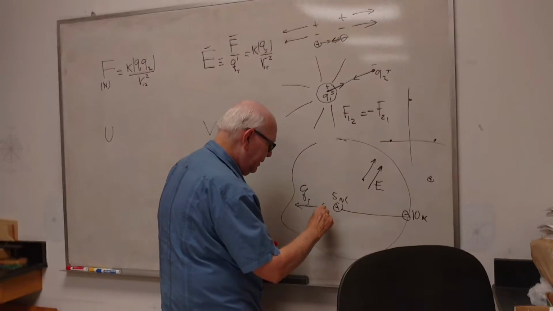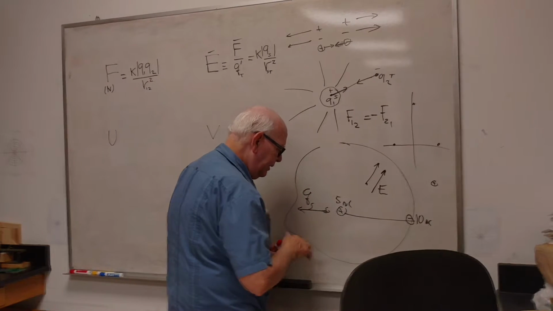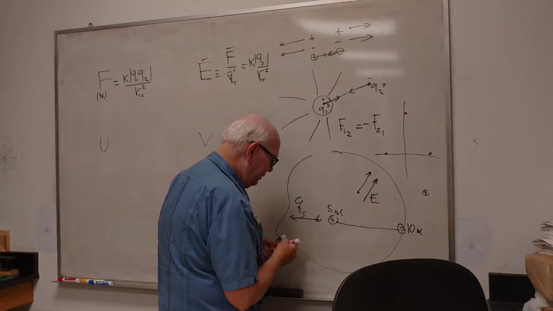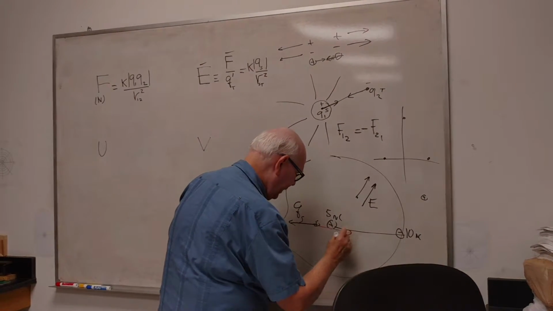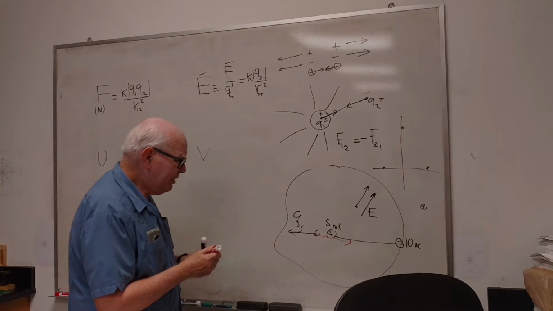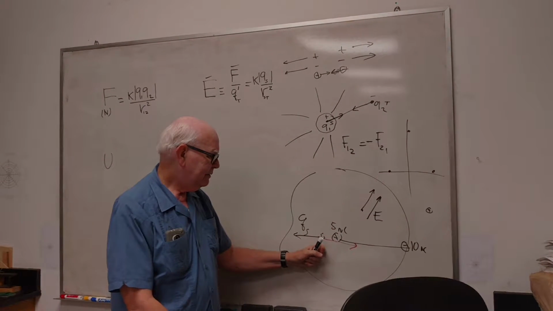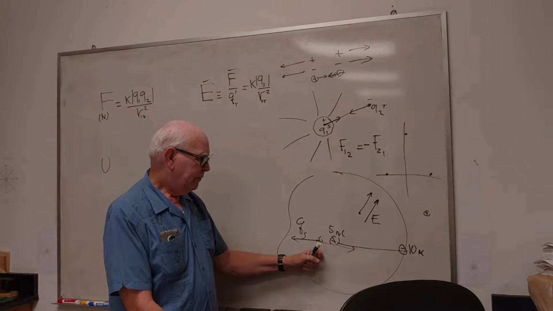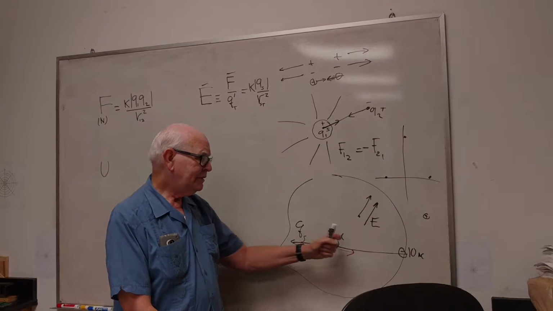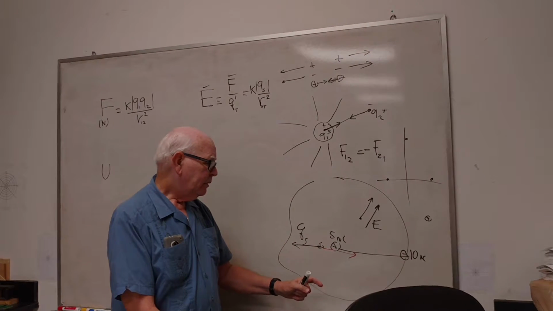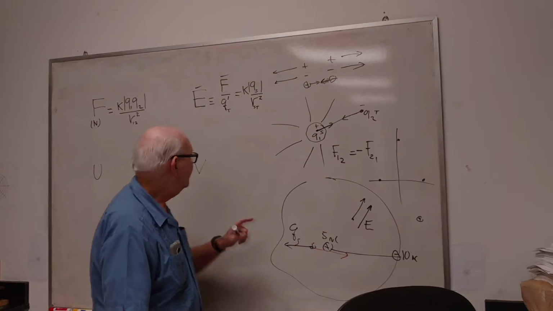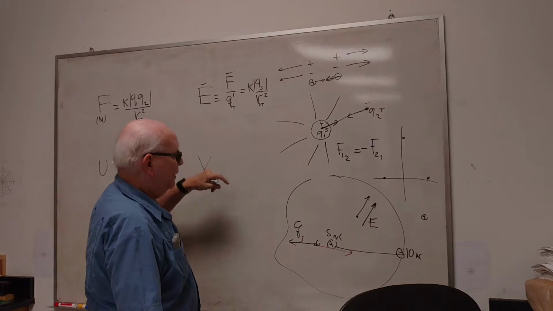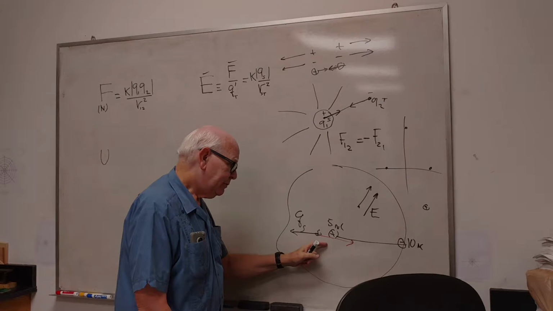Let me use a different color. It's going to pull it to the left. Now, is there any chance that these two forces are equal so that they cancel? No. This is 5, this is 10. Well, 5 is weaker, so the force will be weaker, but it's closer.